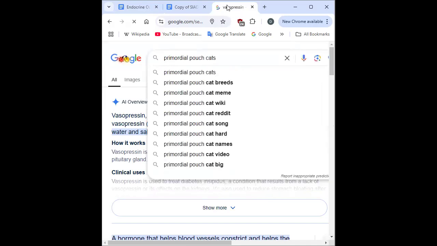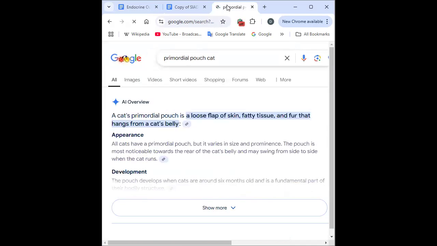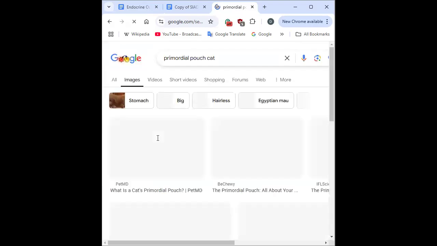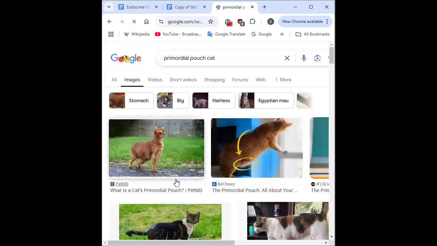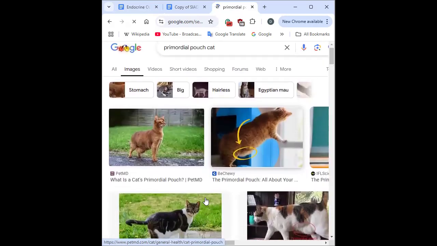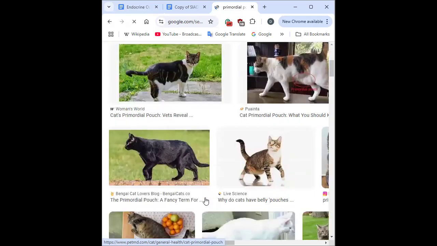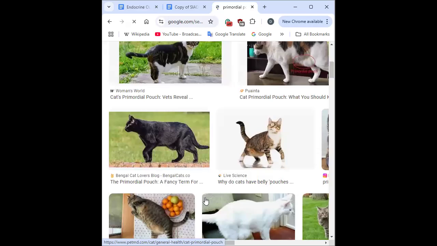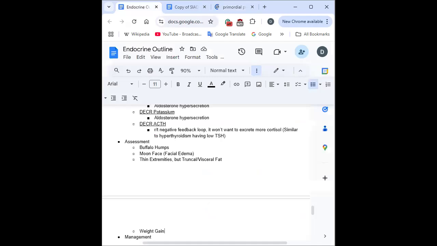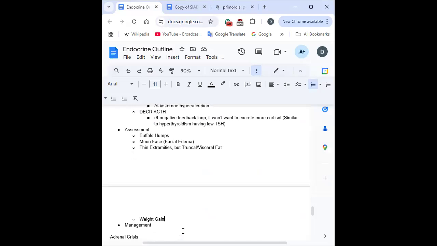Yeah, hang from cat belly, when they have the little swishy belly. That little extra bit is flappy, like it just exists. It's not taut to their body. So when they run, if they have a big one, it just goes like this. I love them. My cat was so fat that she had one and it would swish.